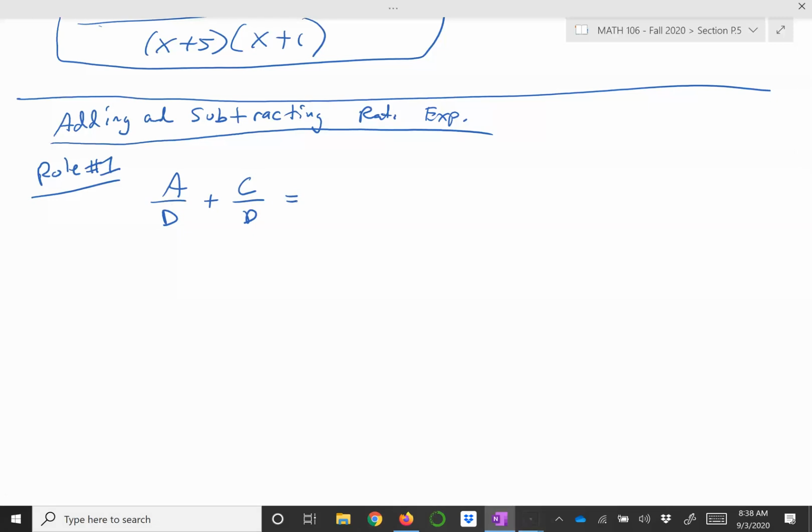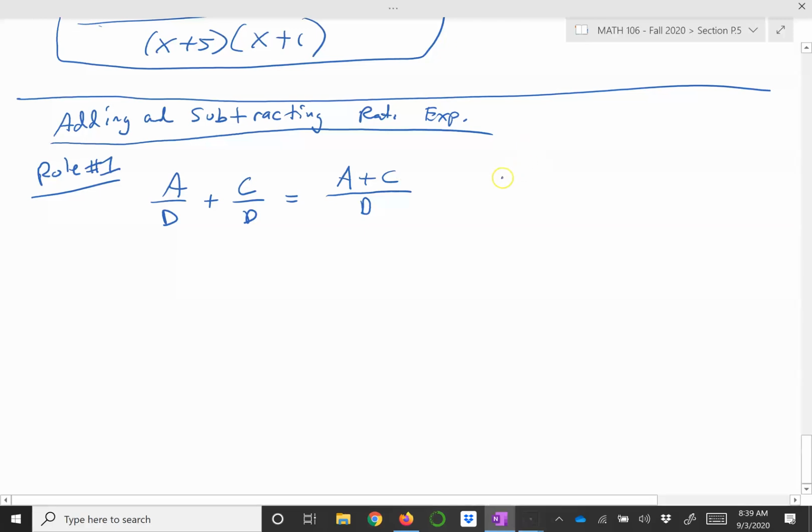If the two fractions have the same denominator. Yes. Yep. As long as your denominator is the same, right? The numerator of the addition here would just be a plus c. All right. Now that rule will work with polynomials as well.